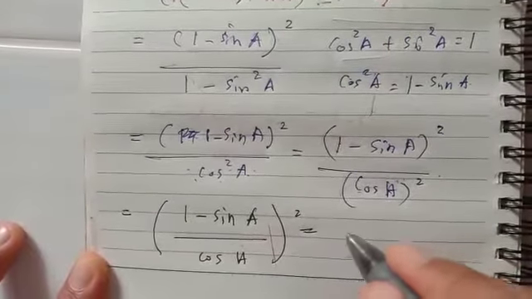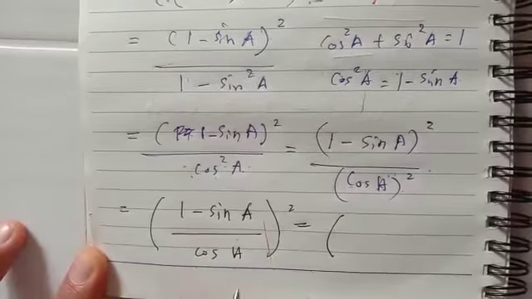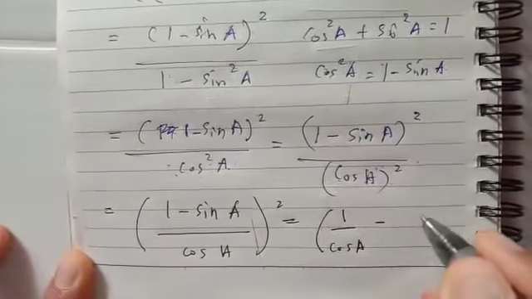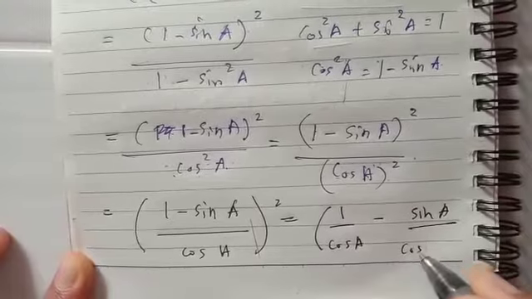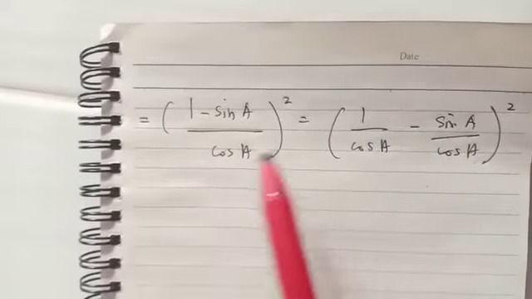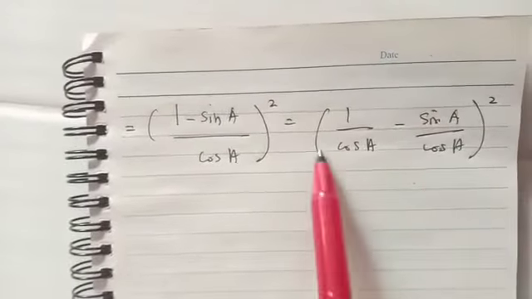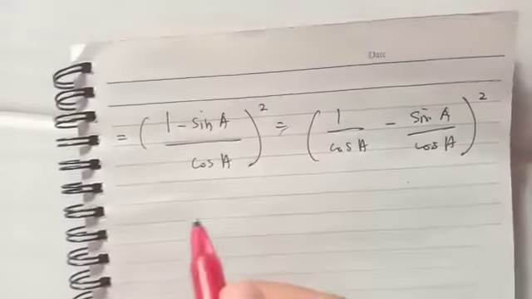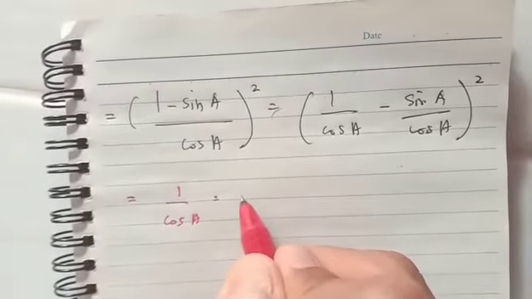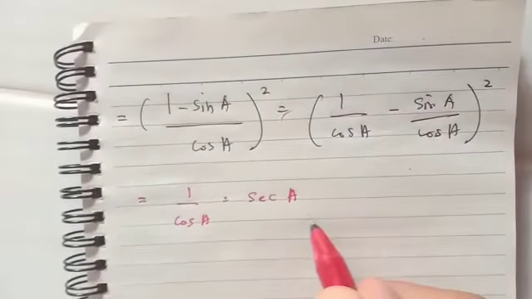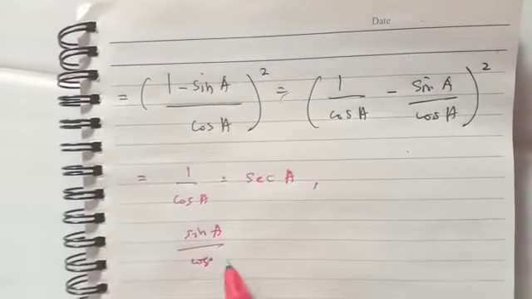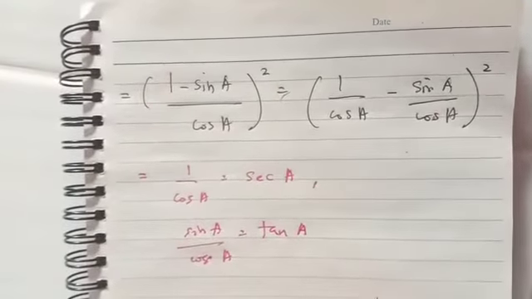We can separate this into a new form: 1 over cos A minus sine A over cos A, squared. 1 over cos A equals secant A, and sine A over cos A equals tangent of the angle.